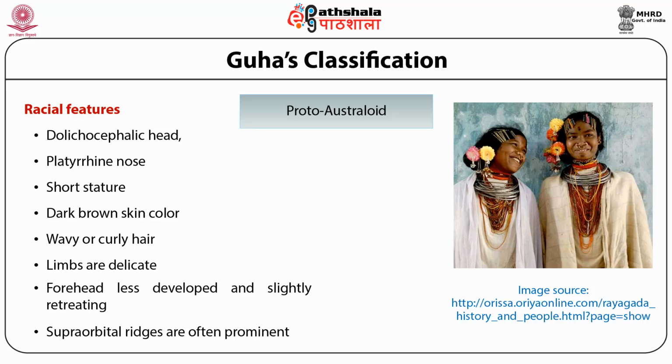They markedly differ from the Negritos in having wavy hair instead of the frizzly or woolly hair of the latter. These are found in the Paniyan women, Urali, Baiga, etc. The tribes like Oraon, Munda of Chota Nagpur region, Chenchu, Kurumba, Bhils and Kols of central and western India.